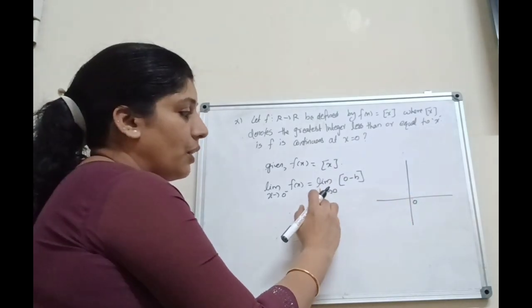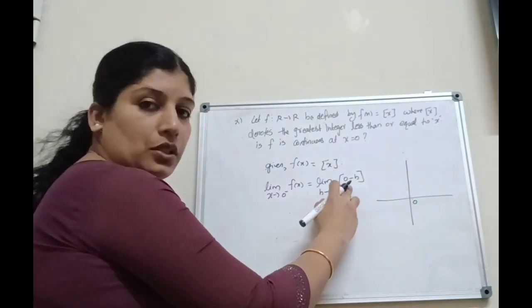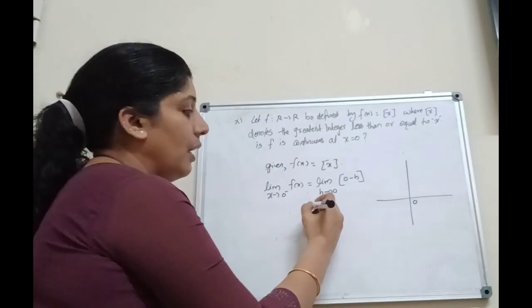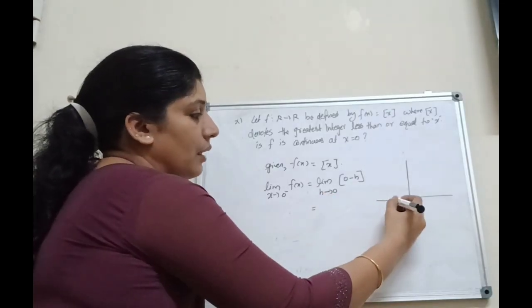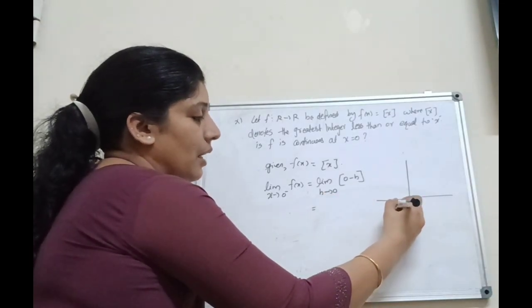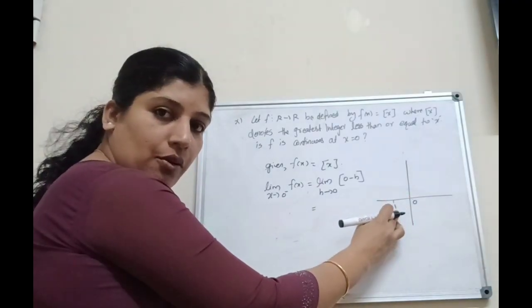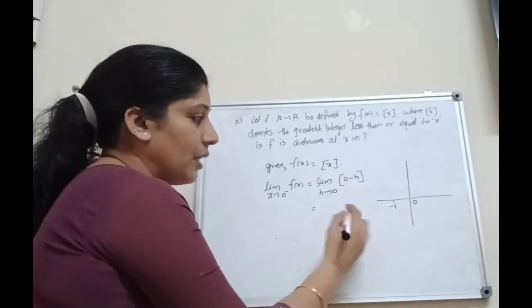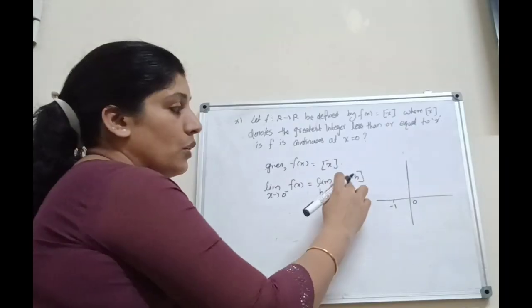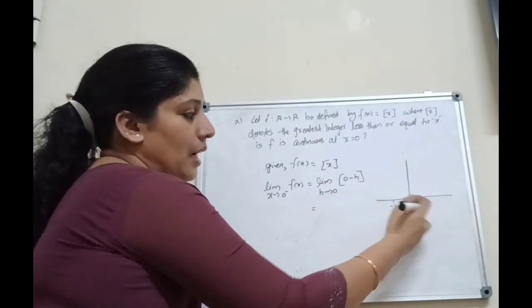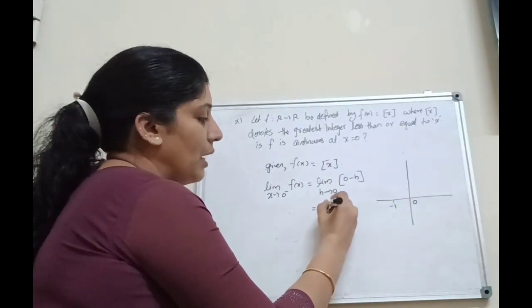Since this is the greatest integer less than or equal to x, it is minus 1. Therefore the limit as h tends to 0 of the greatest integer of 0 minus h is equal to minus 1.